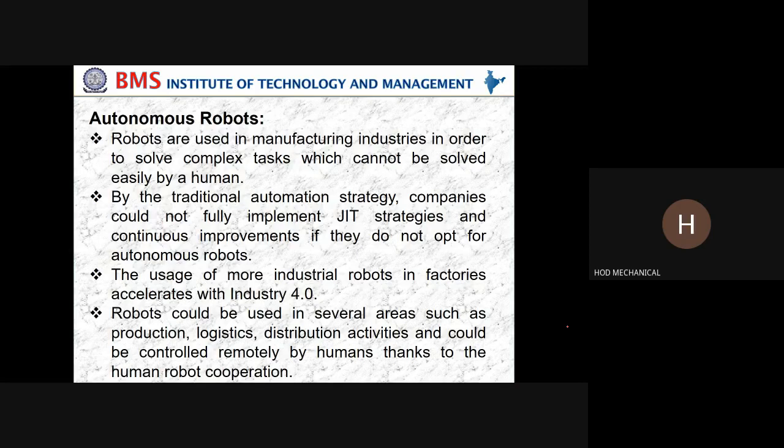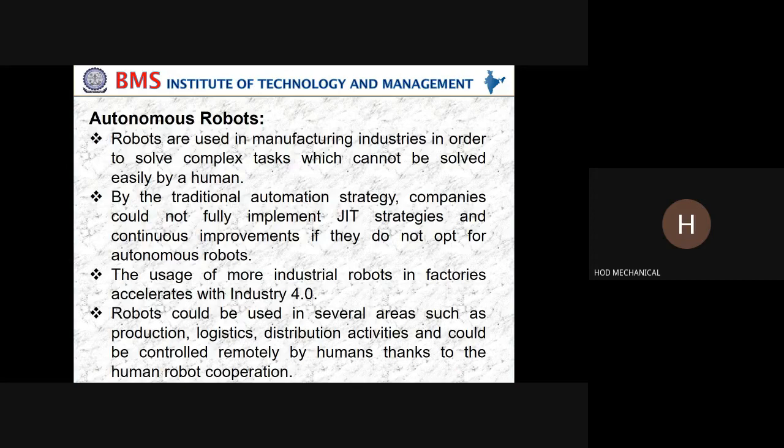But with the advent of robots, the use of autonomous robots will accelerate the prospects of Industry 4.0. Robots are used in manufacturing industries to solve complex tasks which cannot be solved easily by human beings. This is what is known to us.